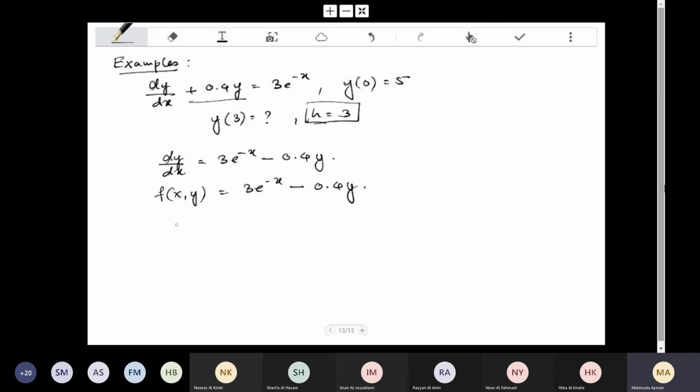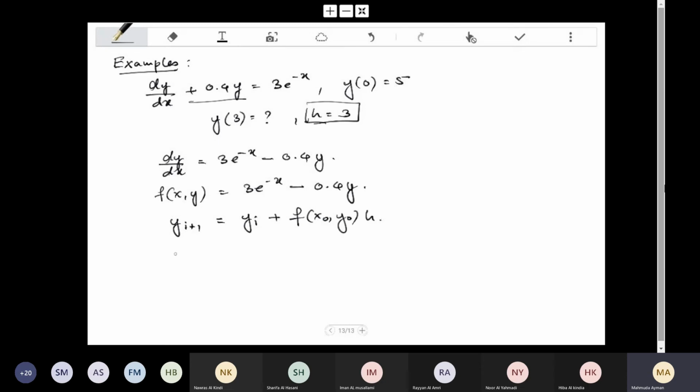And now if you recall what we just did, Euler's method is y_{i+1} is equal to y_i plus f(x_i, y_i) times h.